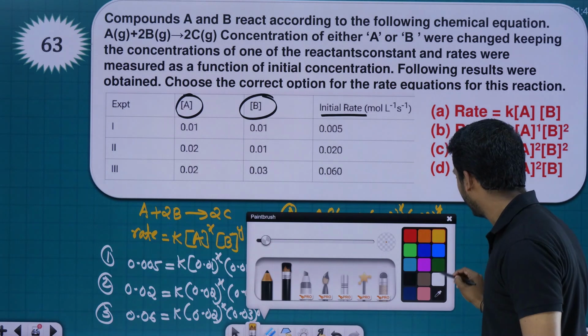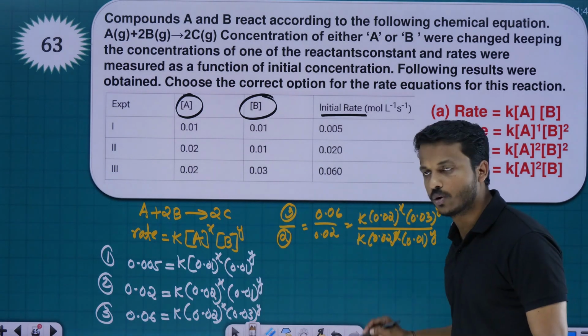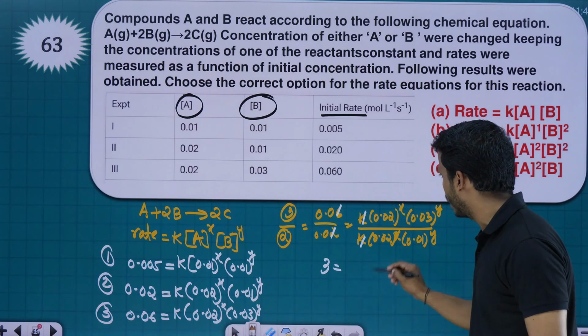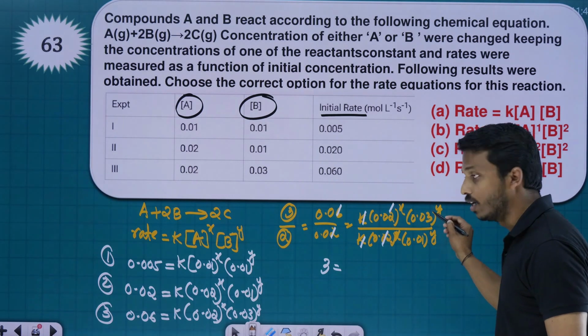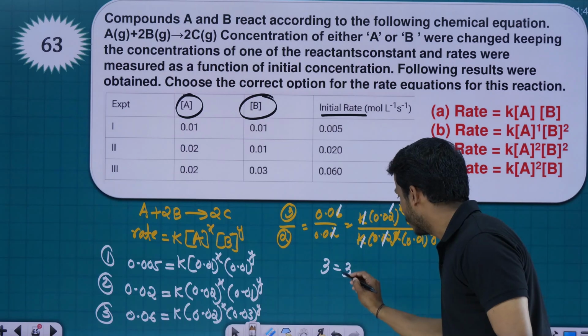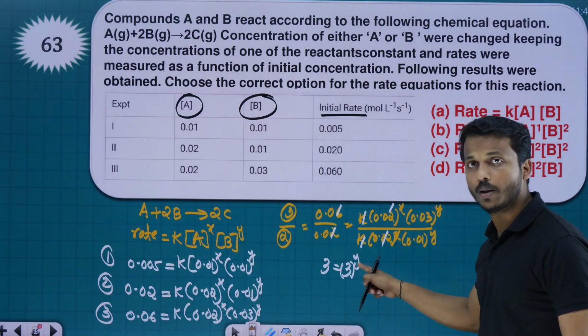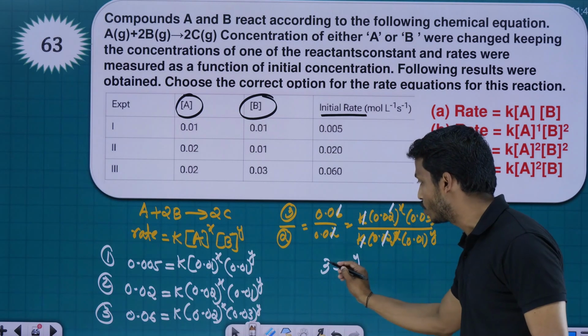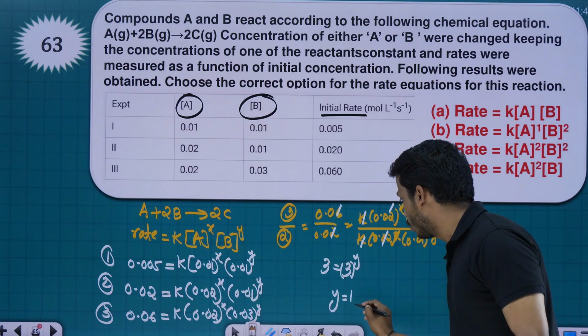Okay, we can simplify that. 0.06 divided by 0.02 is 6 by 2, which is equal to 3. k cancels, this term cancels. 3 by 1 is 3, so 3 raised to y. What should be the value of y to make it 3? It should be 1, right? 3 raised to 1 is 3, so y is equal to 1.